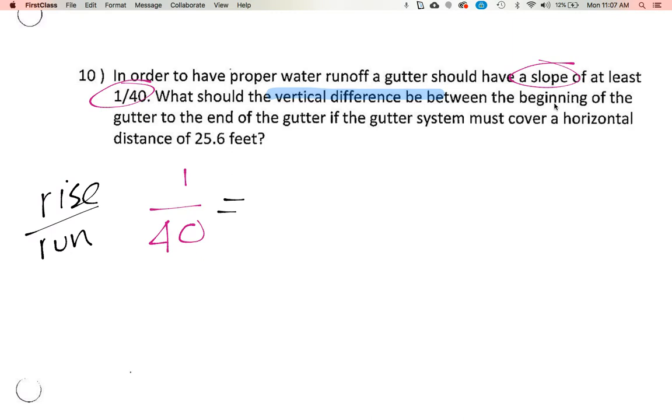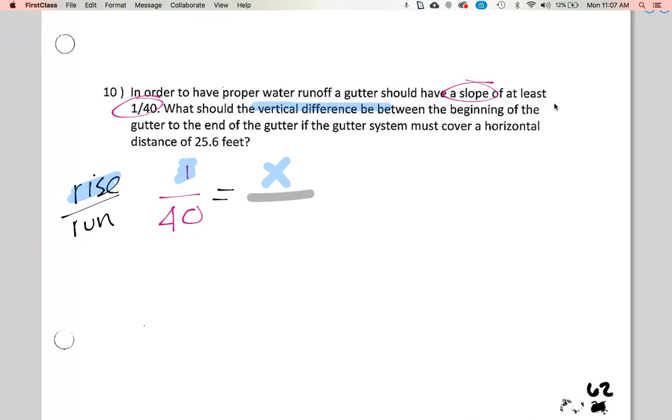Vertical difference, which is the rise, if the system must cover a horizontal distance, which is the run, of 25.6.